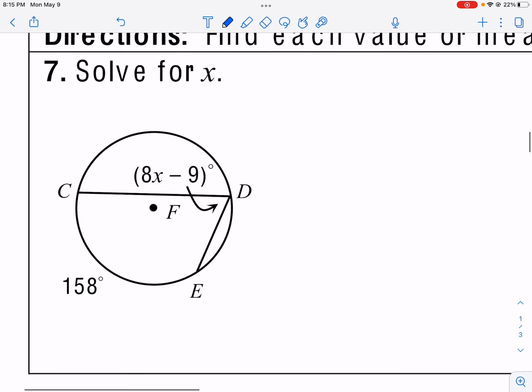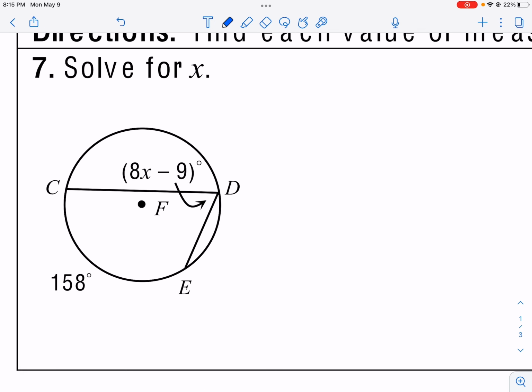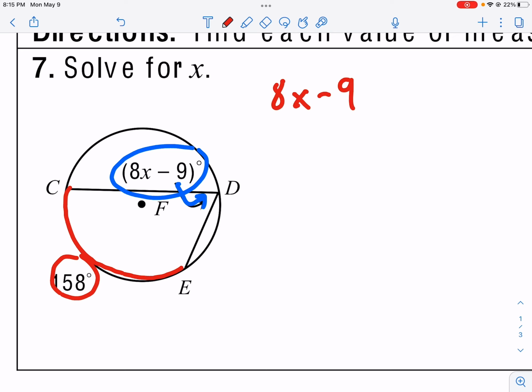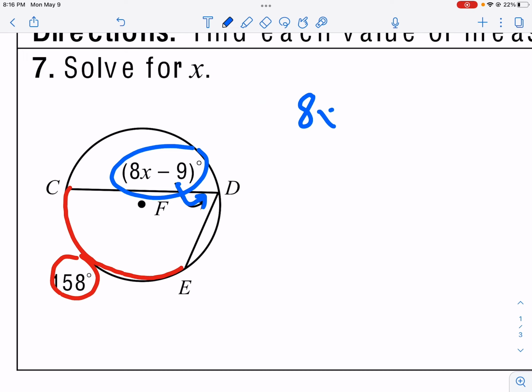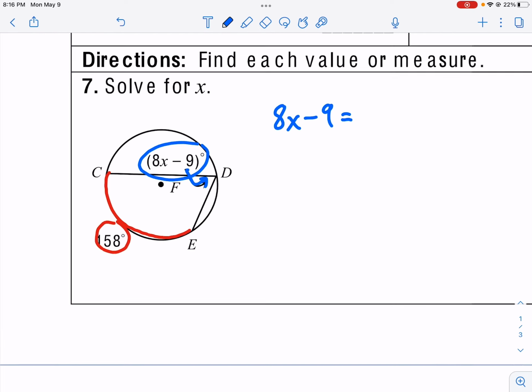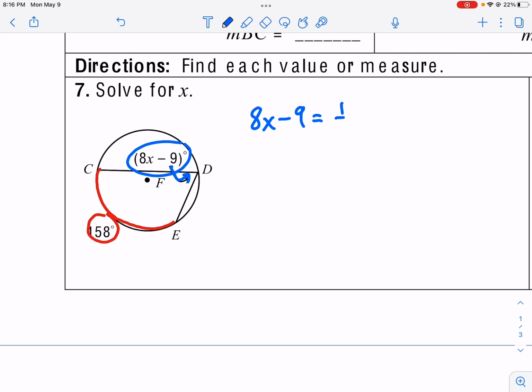Alright, number 7, solving for x. I know this is the angle, and I know that this arc right here is 158. That means I can set up my equation as 8x minus 9 is equal to half of 158.